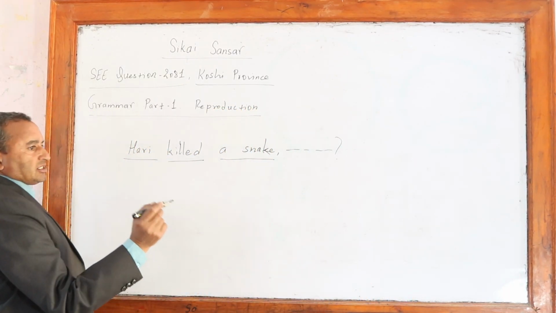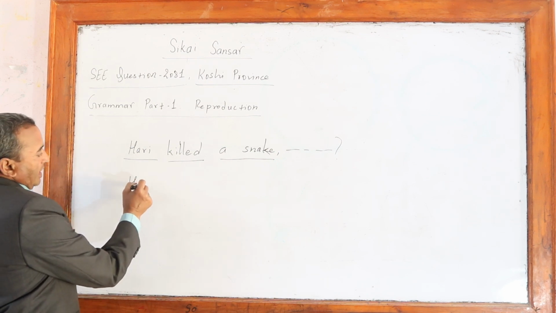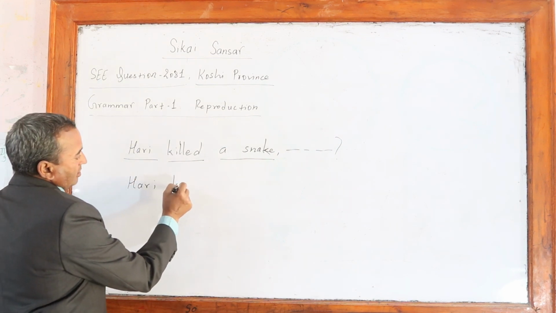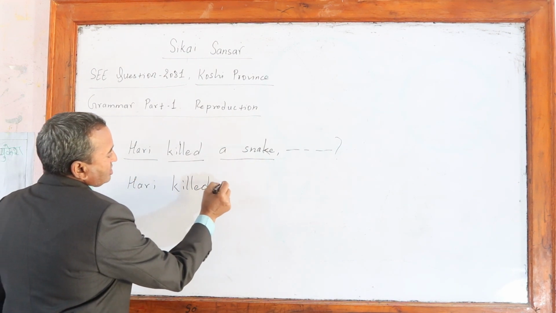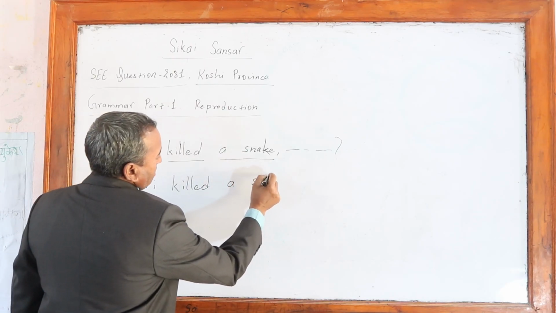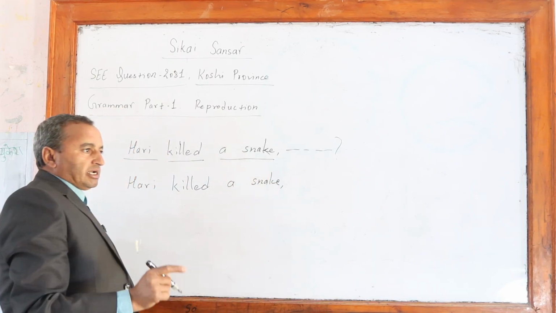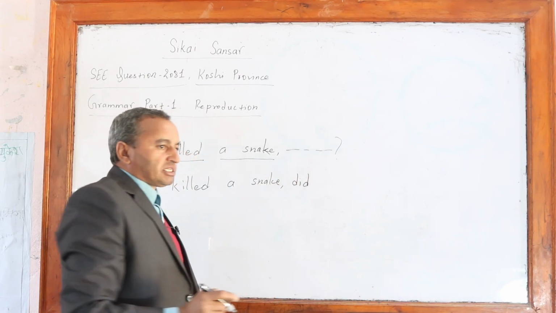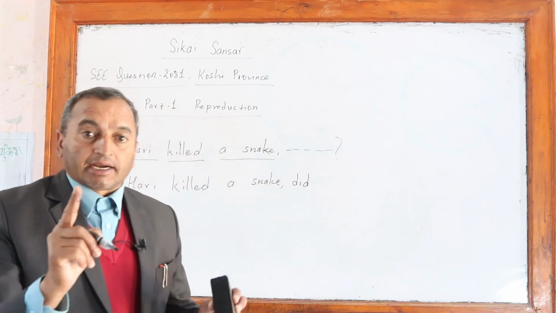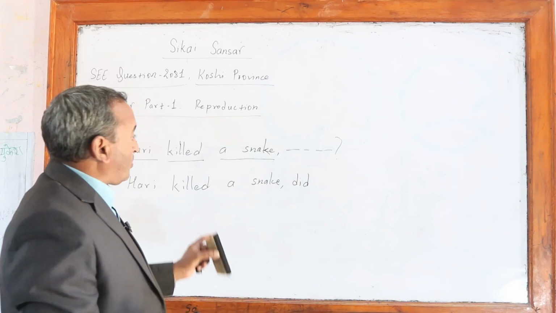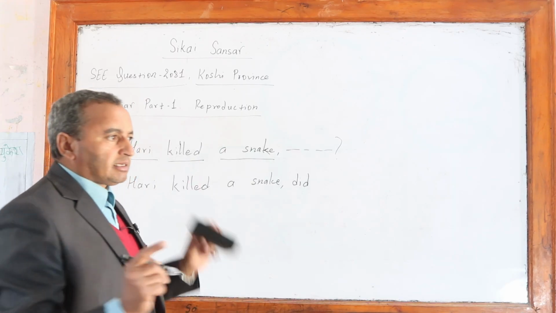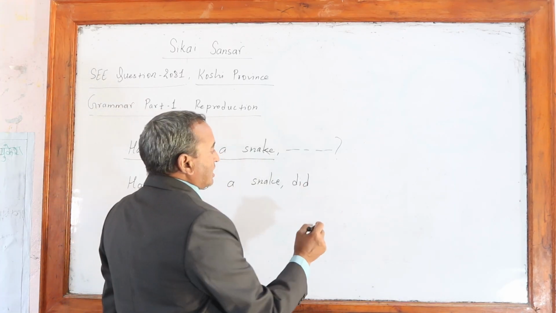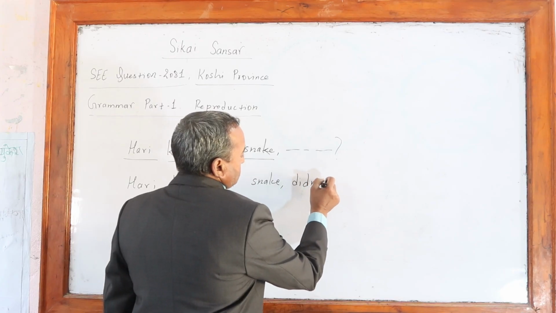Look, let's solve the problem. Okay, Hari killed a snake. What did we need? Okay, did. As we have discussed earlier, this sentence is in affirmative form. So again we need did, and not, so we have to contract it again: didn't.